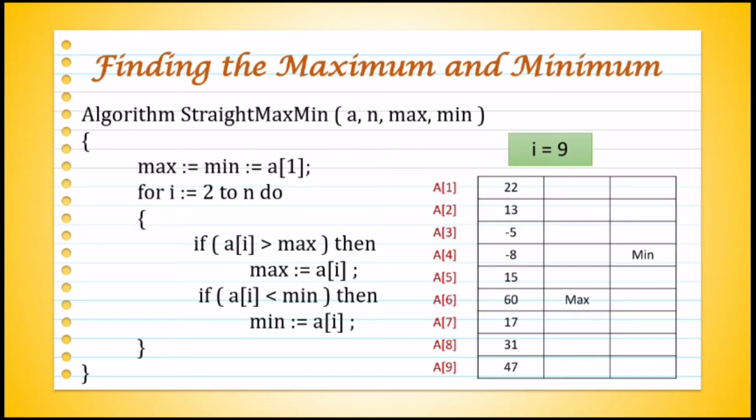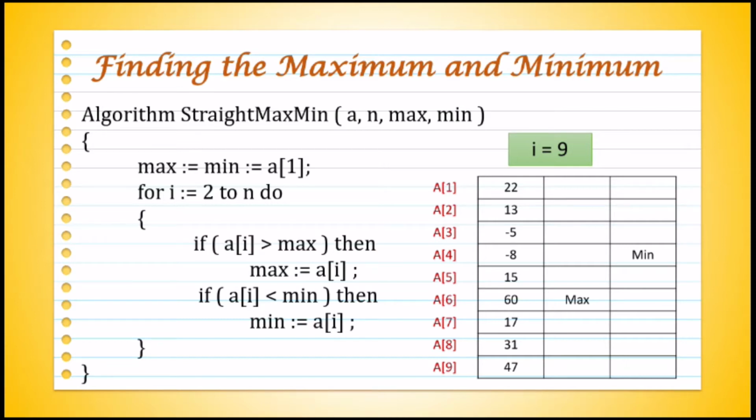So this condition is false because 47 is not greater than 60. Now we will check the second condition, that is a of i is less than min. So 47 is less than minus 8. No, the condition is false.